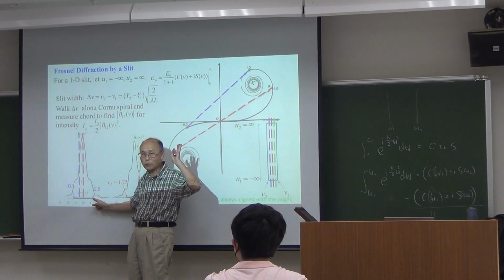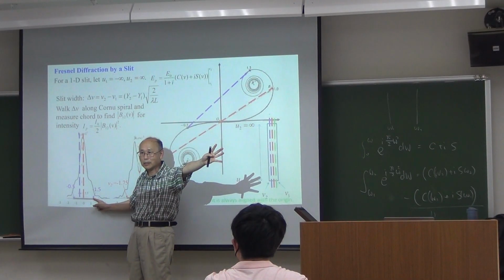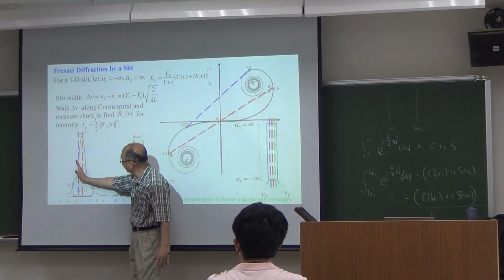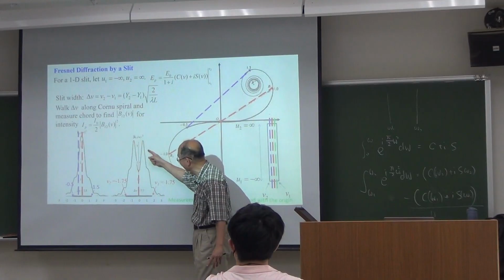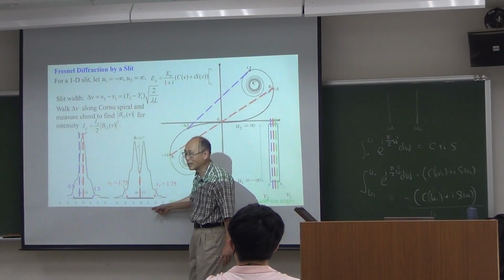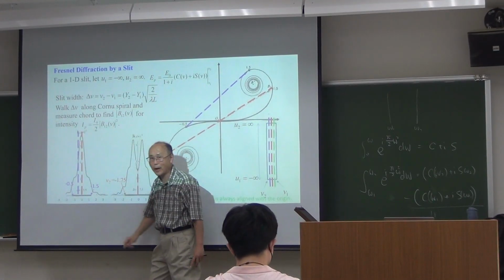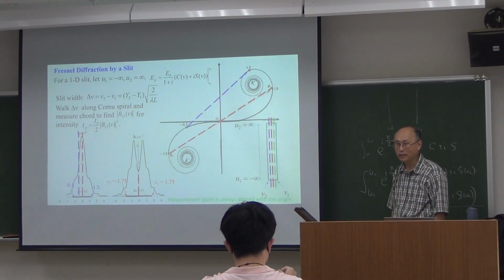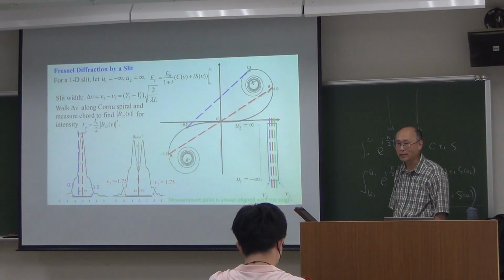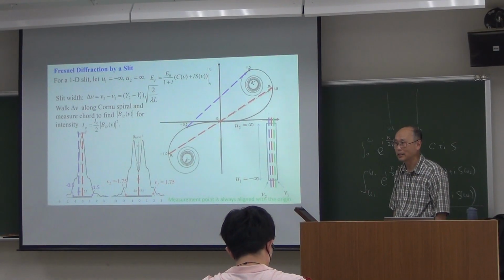Our V2 is already fixed at the infinite. So when you want to find the intensity at this location and so on, you define your new origin and figure out your V1. That is the key point, or a trick for you to do the calculation.